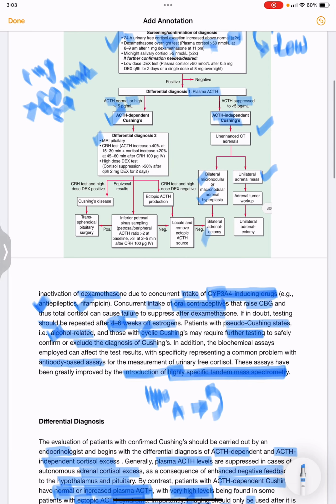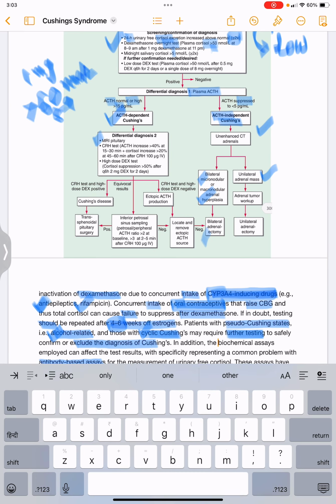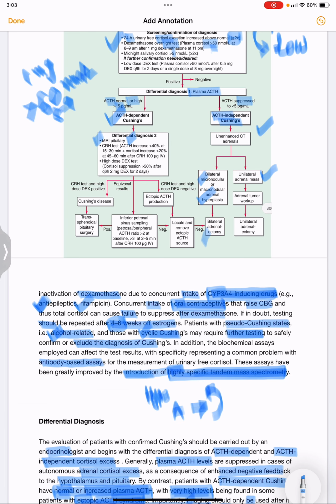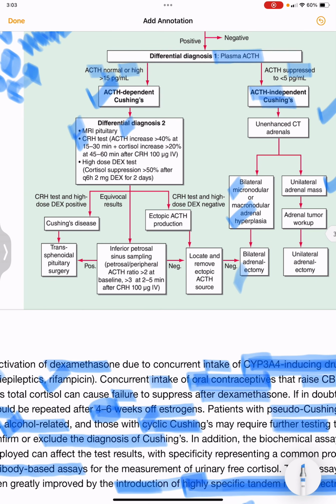So here we have ACTH dependent Cushing's, with MRI pituitary and corticotropin releasing hormone testing. ACTH will increase after giving CRH by greater than 40% at 15 to 30 minutes, and cortisol will increase by greater than 20%.